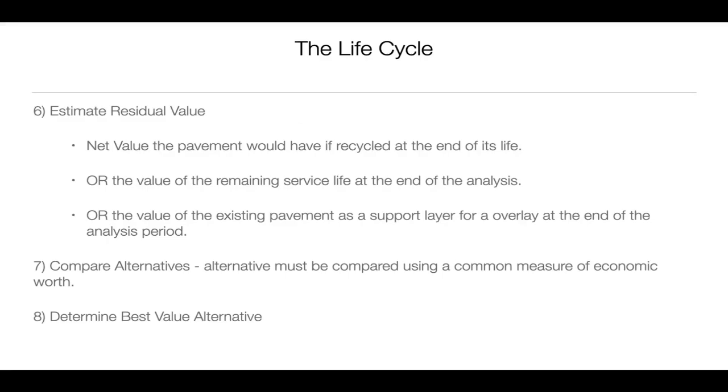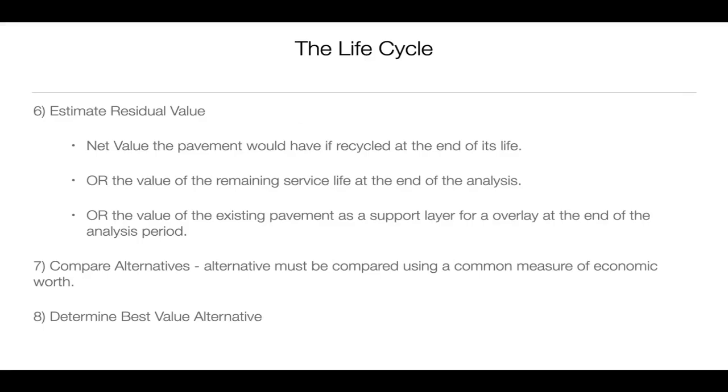And then you're going to estimate the residual value. So the net value of the pavement, if it's recycled at the end of its life, or the value of the remaining service at the end of the analysis, or the value of the existing pavement as a support layer for overlay at the end of the analysis period.